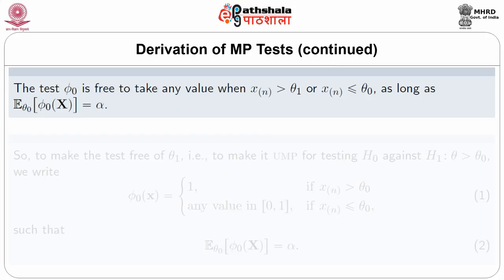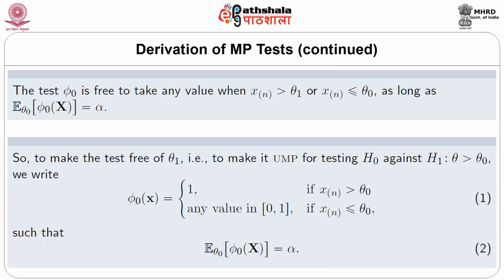The test phi naught is free to take any value when x order n is greater than theta 1 or x order n is less than or equal to theta naught, because here p theta 1 and k p theta naught are the same. So, make the test free of theta 1. We can assume phi naught as 1 where x order n is greater than theta 1 and any value where x order n is less than or equal to theta naught.